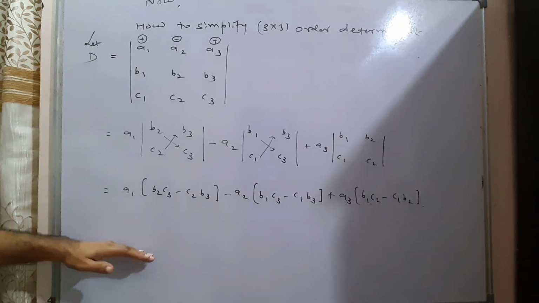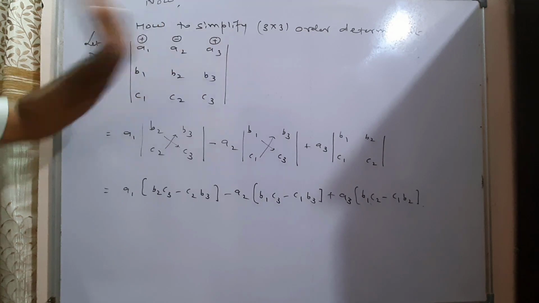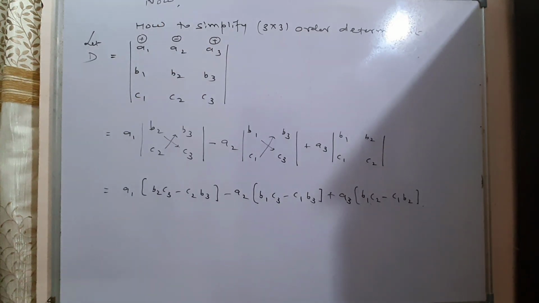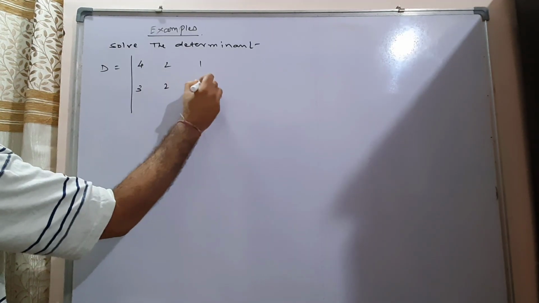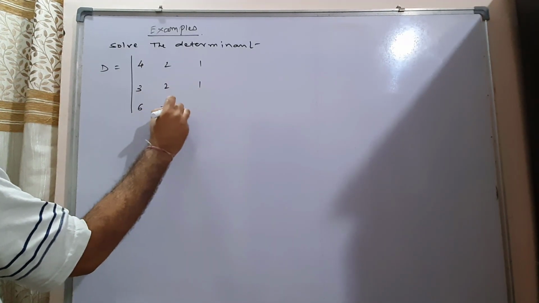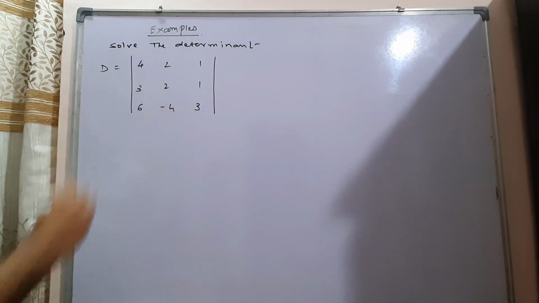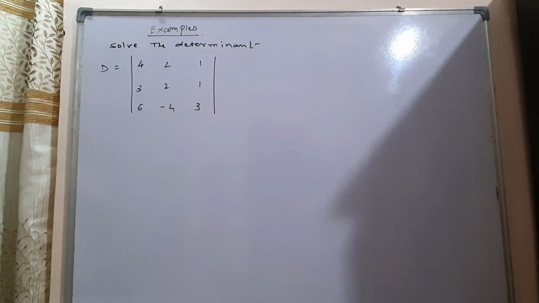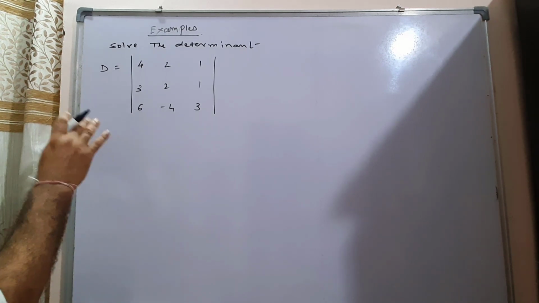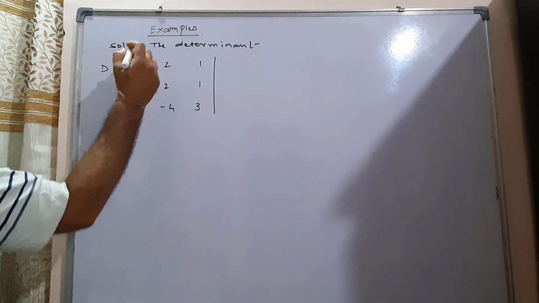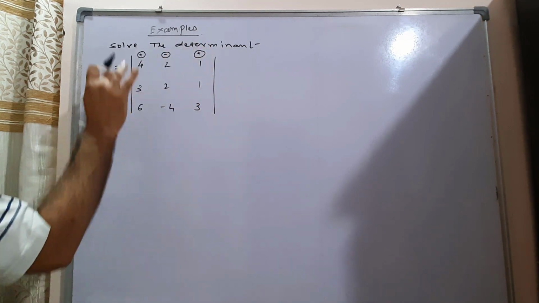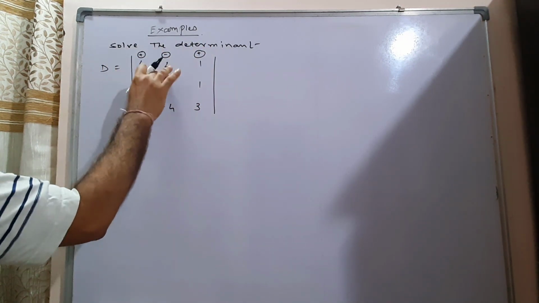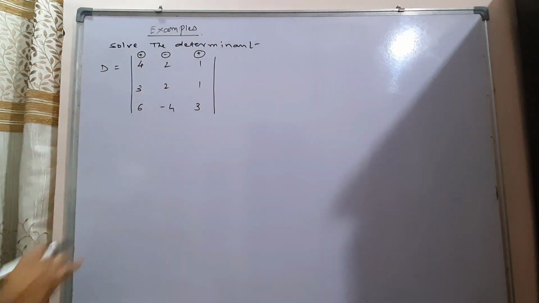Now we have to solve examples on determinants by using this method. Example: 3, 2, 1, 6, minus 4, 3. This is a determinant of 3 by 3 order. When you simplify this determinant, first you write down the sign position of the elements. The sign of the first element is plus, the second element is minus, the third element is plus.